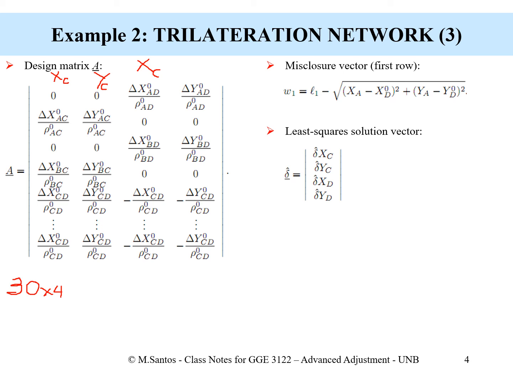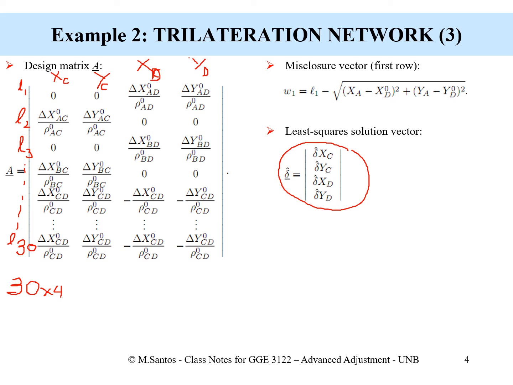This is point D, and the coordinate y for point D. This is the order in which I'm building the design matrix, and again, it is consistent with the least squares solution vector. Each row corresponds to one observation: observation L1, observation L2, observation L3, etc., up to observation L30.